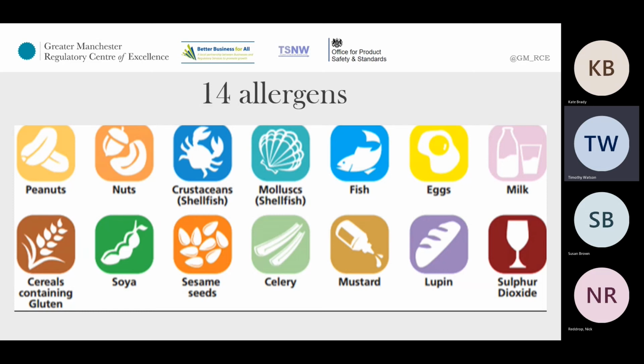So this includes wheat, rye, barley, oats and spelt, etc. Soybeans or soya, sesame seeds, celery, mustard, lupin, and sulfur dioxide and sulfites.